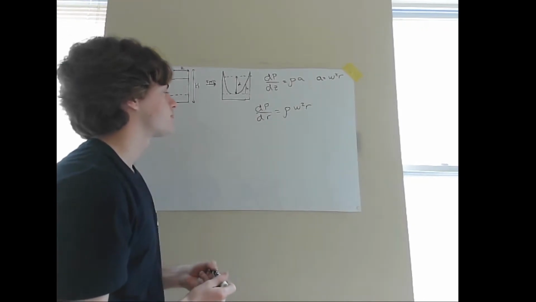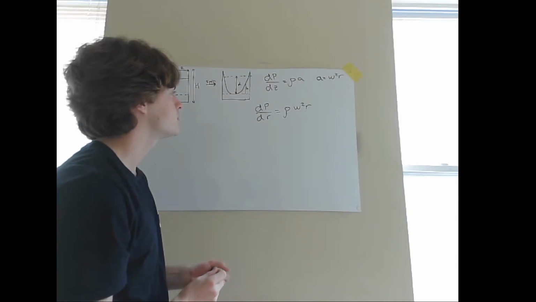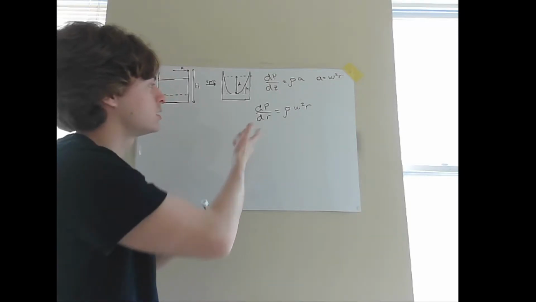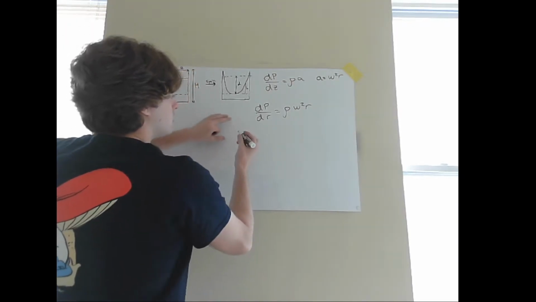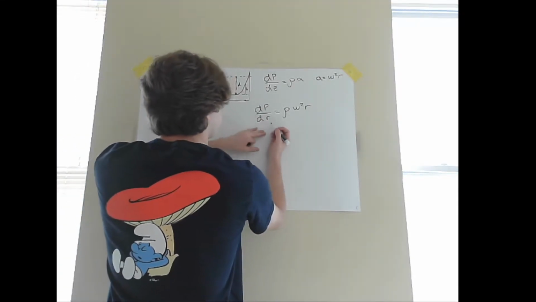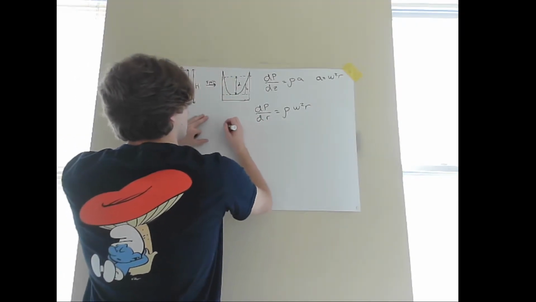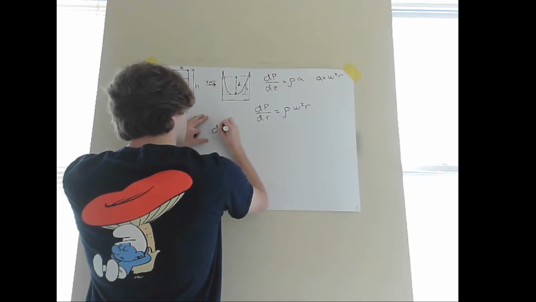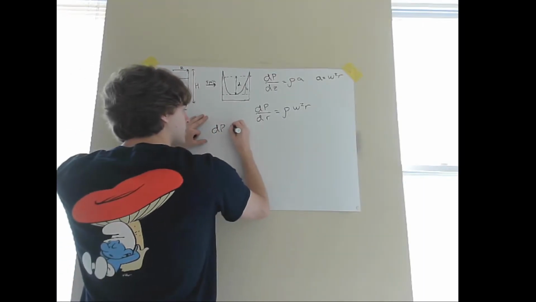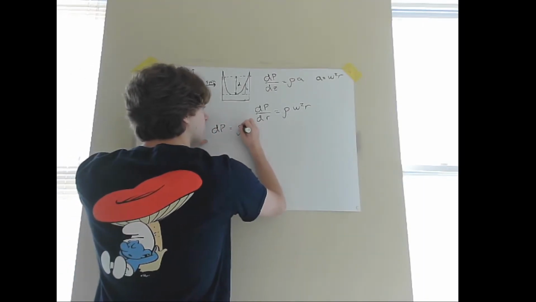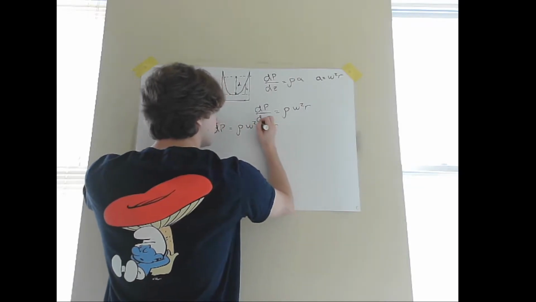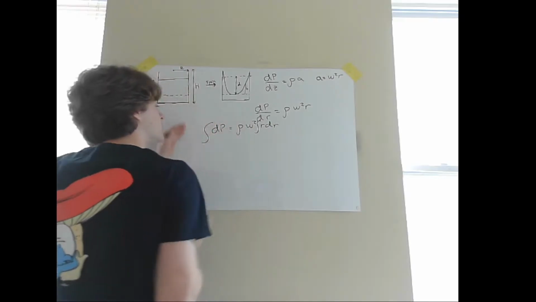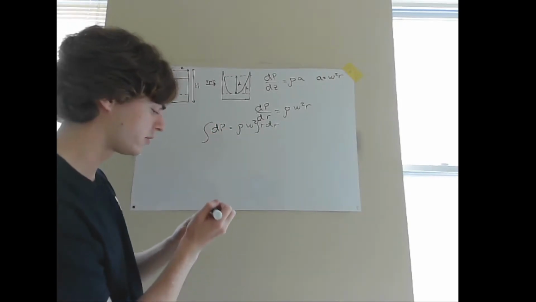From here, we can separate our variables and integrate. On the left side, we're just left with dP. On the right side, we have rho omega squared R dR. Now we integrate both sides and set our bounds of integration.